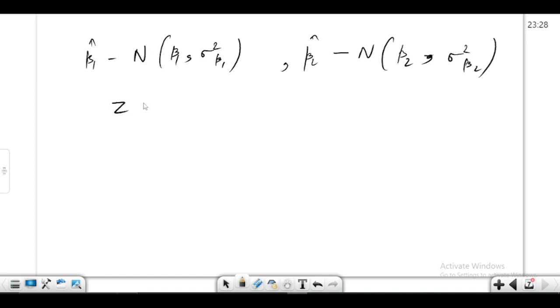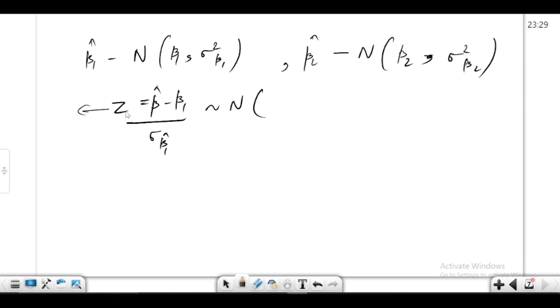It will basically be beta 1 hat minus beta 1 upon sigma beta 1 hat. This is the z statistic, and it also follows the normal distribution. You must have learned about the z statistic in your statistics classes.